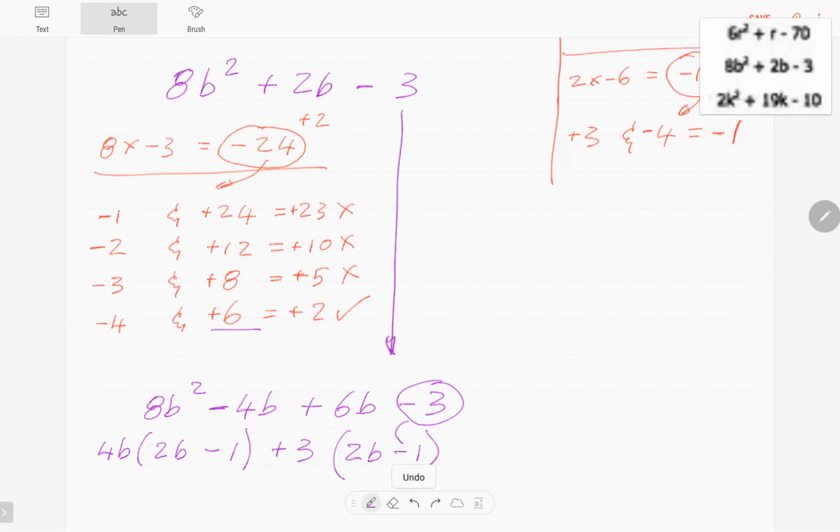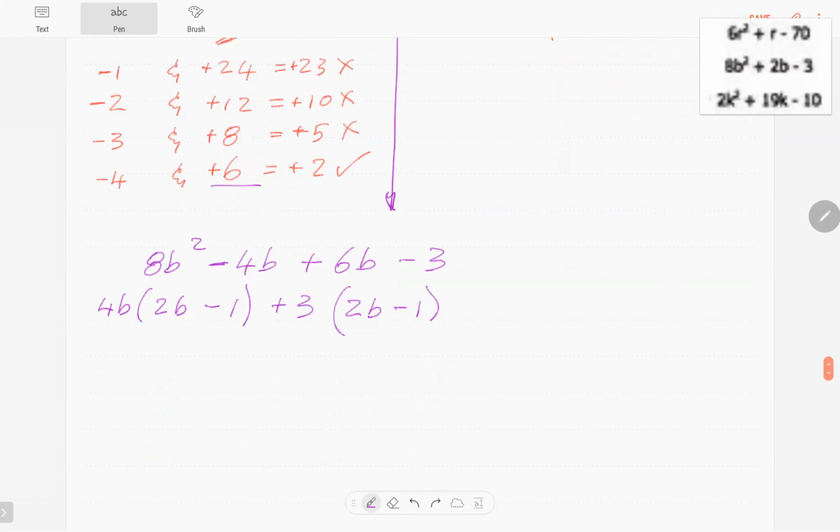Usually just use the first value. All right, that's it. And then it becomes this and this times that. It becomes 4b plus 3 times 2b minus 1. 4b plus 3 times 2b minus 1.